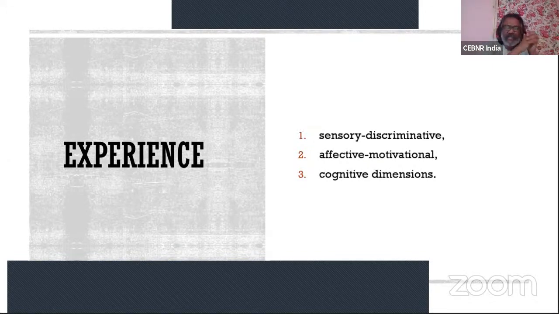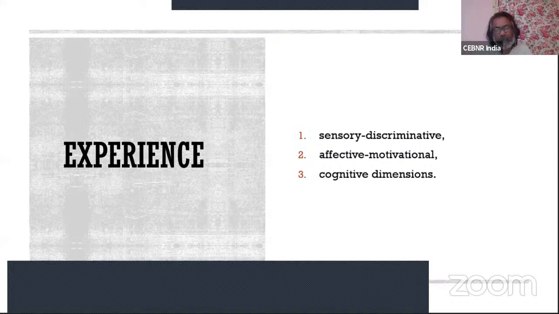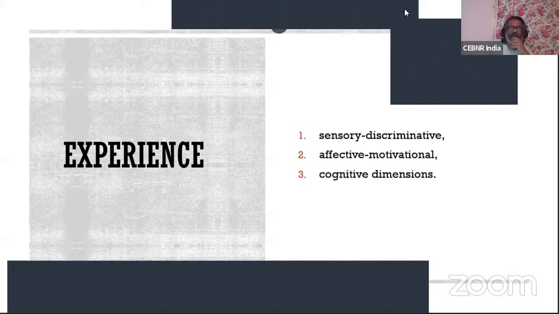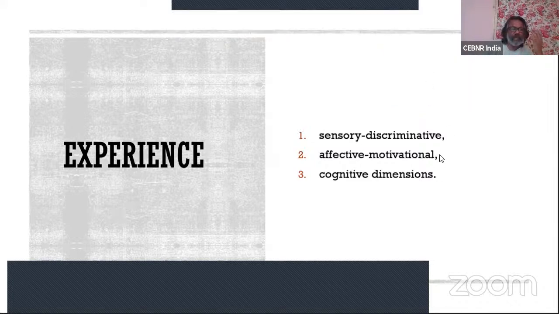So in that, we need to know where we have pain so that we can do a protective action for this. So that is the first part we want to understand. The experience starts with a sensory discrimination. It discriminates which part is the source of pain.